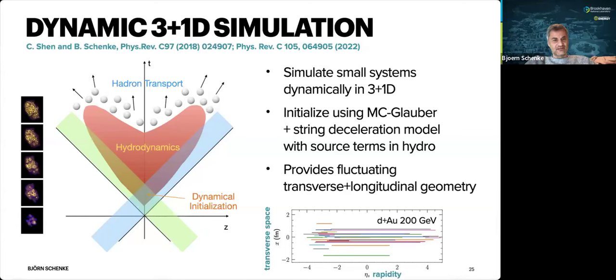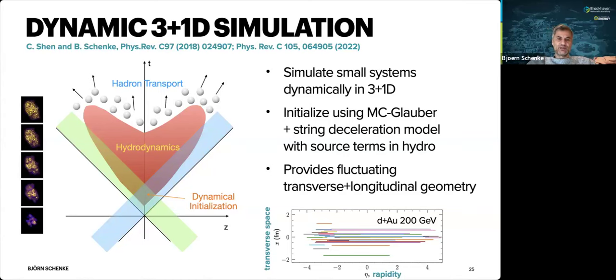And also it doesn't have things like a net baryon distribution and so on, which we also included here. So we came up with a more phenomenological model, which is based on the Monte Carlo Glauber model. The transverse structure is determined the same way as in the Monte Carlo Glauber model. And then for each wounded nucleon or valence quark inside that, we think of attaching a string between the two colliding ones, and then the string is decelerated, so these guys lose energy by their interaction as the collision happens.